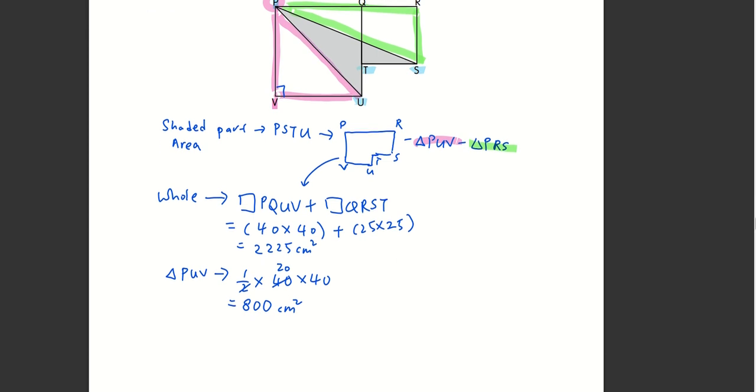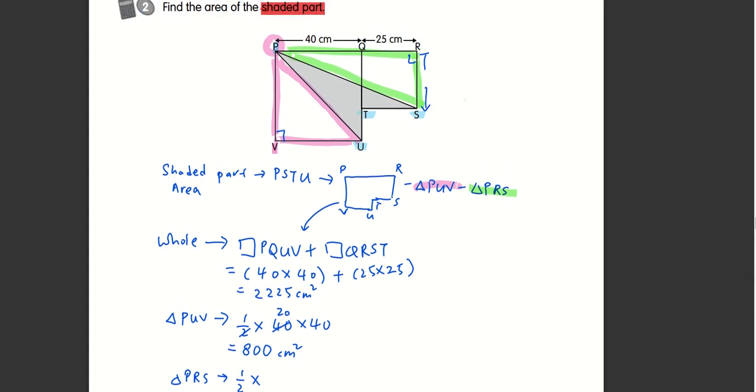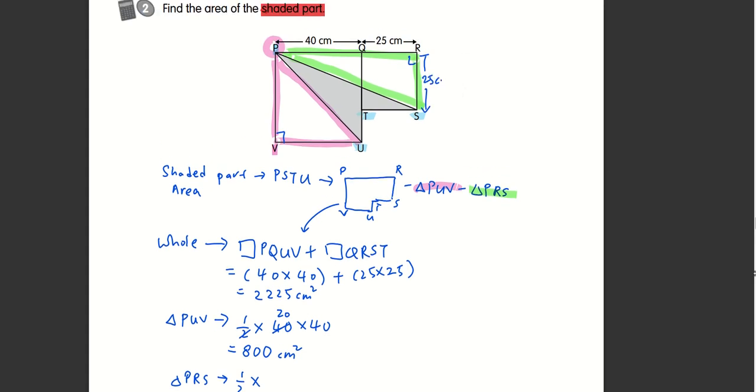Moving on, I have triangle PRS. That's the right angle. This is the height I'm referring to, that's 25. And the base here, I'm referring to 40 plus 25.